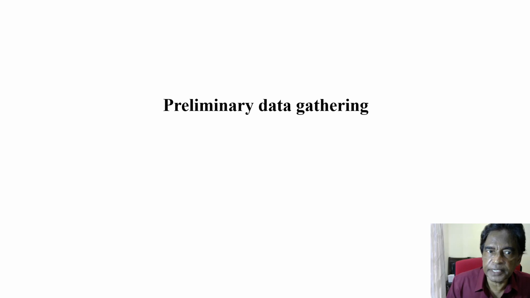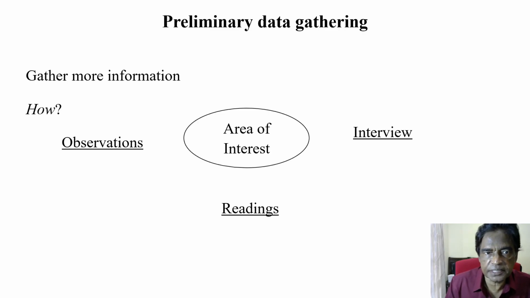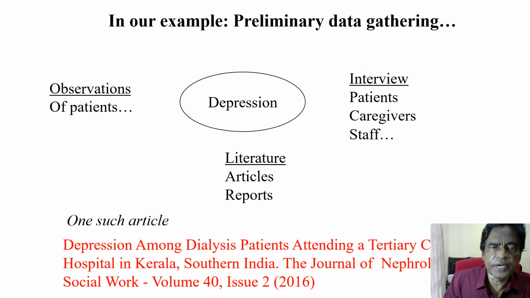Some preliminary data gathering, once you decide that this is your area of research. Take the area of interest in mind, observe, interview, or do some reading to fortify it. The area of interest really needs to be studied a lot. In our example, depression is my area of interest.